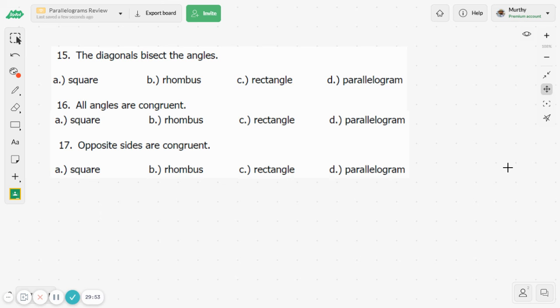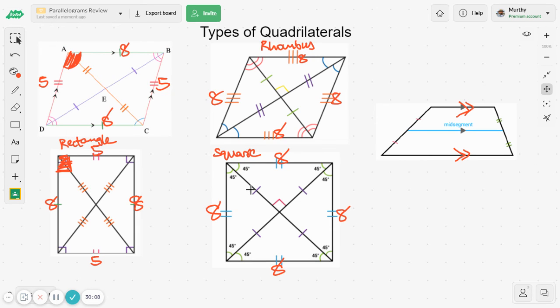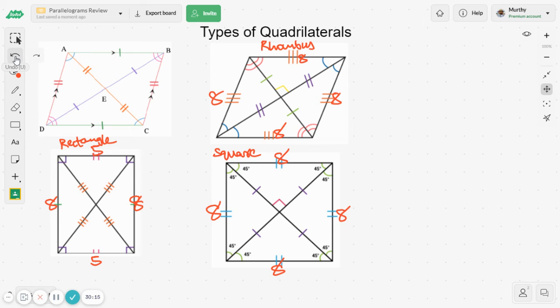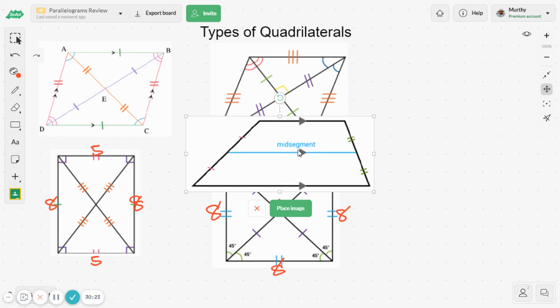Let's say that the diagonals bisect the angles. In fact, the diagonals bisect the angles. Let's go back and visit. If you observe carefully here, in all the diagrams, my bad, the trapezoid diagram disappeared. I'm sorry for that. I'll try to put it back. Oh, yeah, it's back.